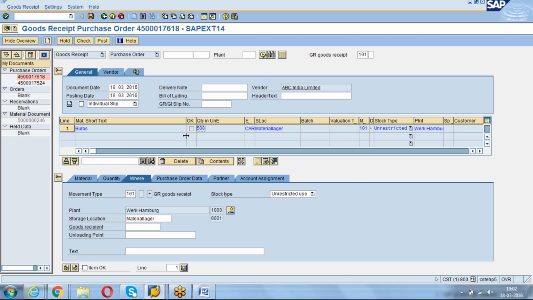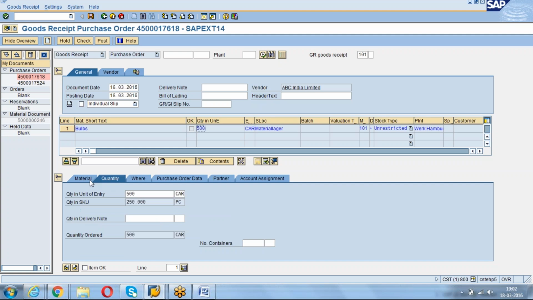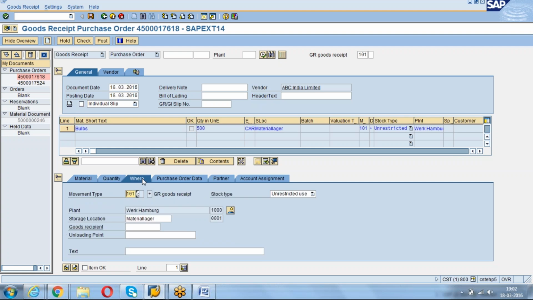The quantity from the PO will be copied. If you have received 500 quantity, then you can do the goods receipt for 500. If you have received 300, whatever quantity you have received physically, the same quantity has to be maintained here.